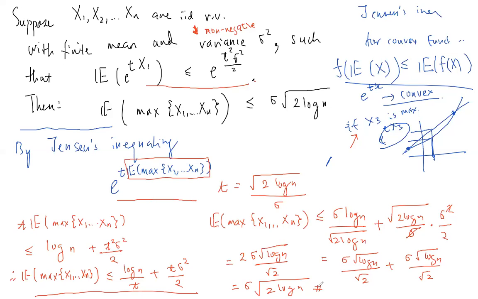The chi-square is a non-negative random variable. So if you take n IID chi-square random variables, and you are interested in the max, the mean of this max cannot go outside of this value, sigma times the square root of 2 log n, where sigma square is the variance. Okay, so this is just the last example we cover.